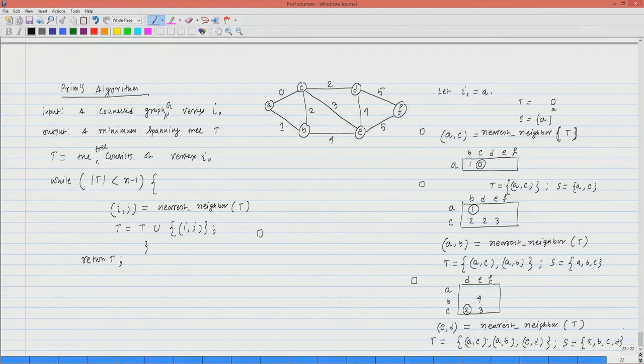So, at the fourth iteration what you do is that you make the table again.